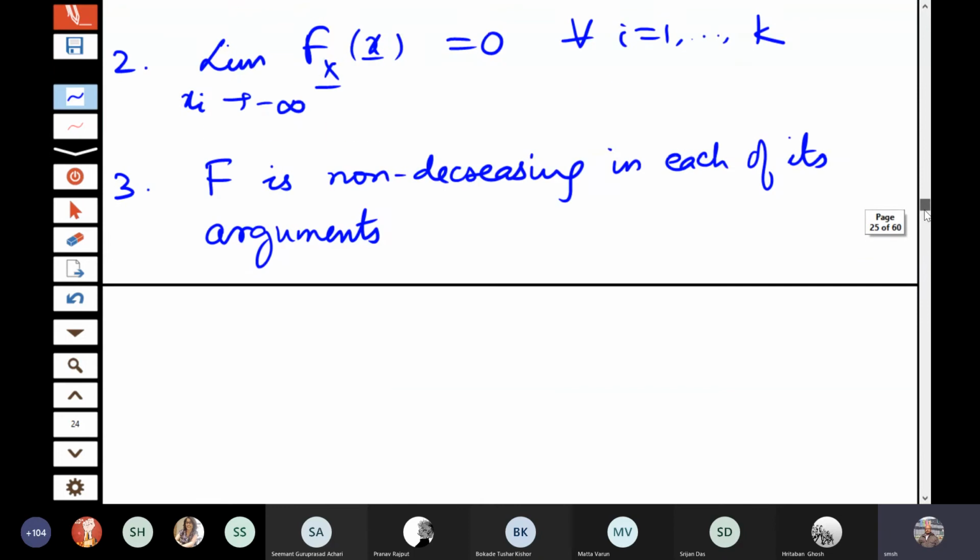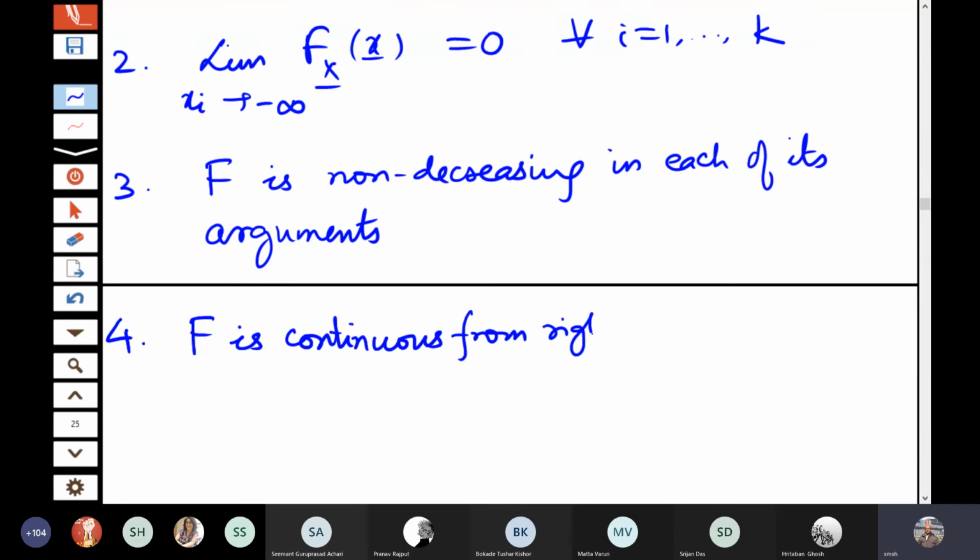So for every argument, it will be a non-decreasing function. F is also continuous from the right in each of its arguments.